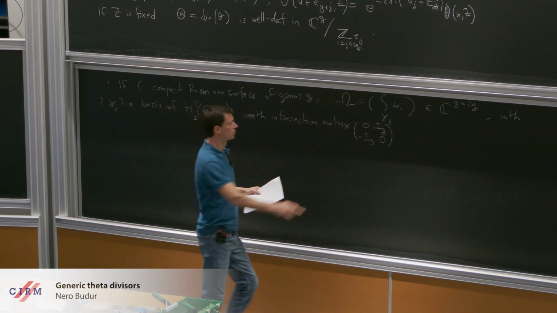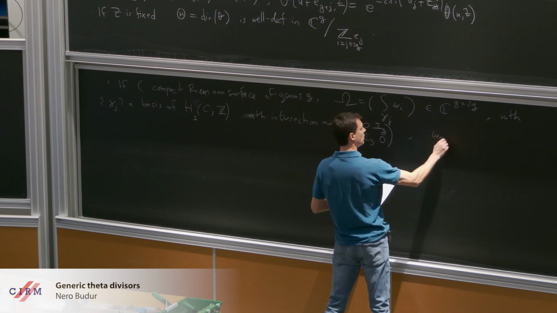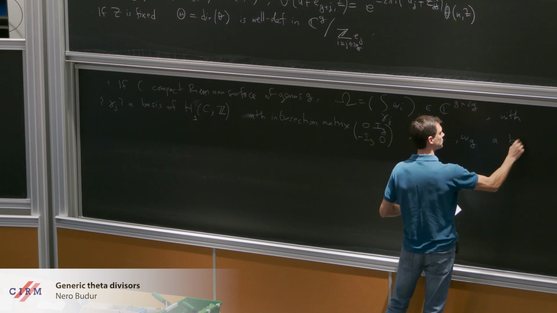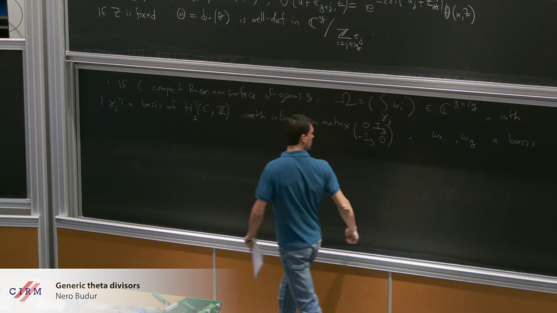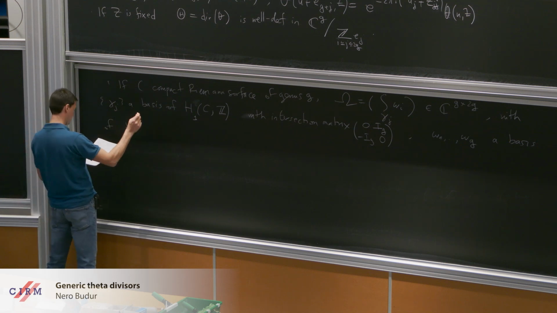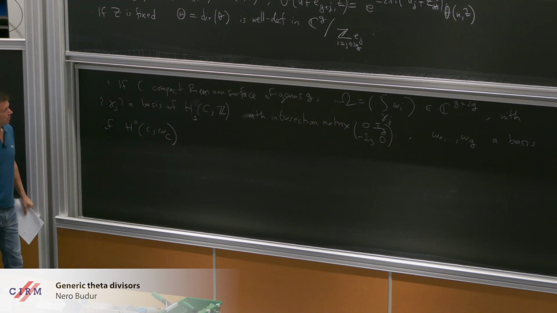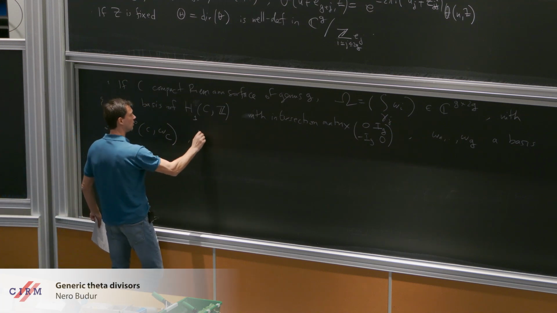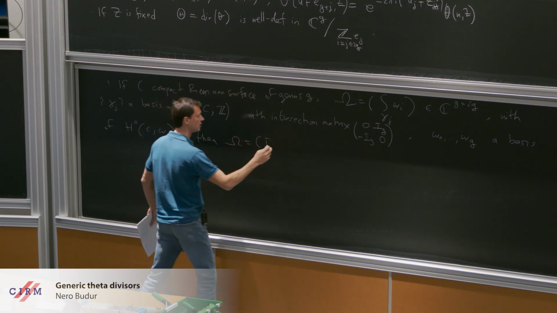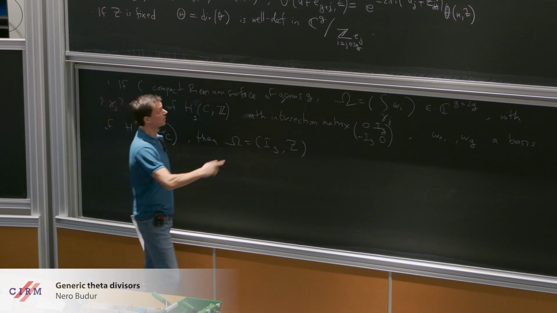And we can also choose these holomorphic differentials, so these form a basis of the holomorphic differentials. Then omega can be written as starting with the identity, and the rest will be denoted by Z as above.